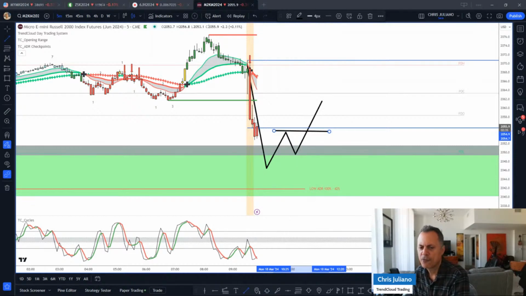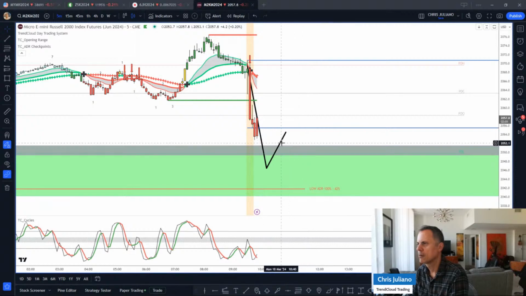That would be our first indication. That's the pattern that we look for. That would be our first indication of the 200 simple being used as support, and we can identify that by dropping down to that lowest time frame and just watching the price action, right?